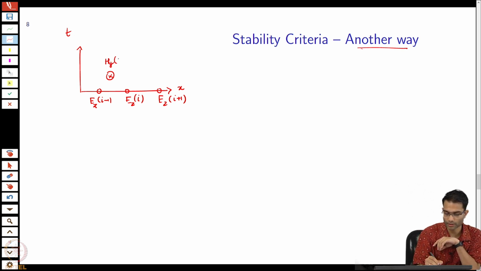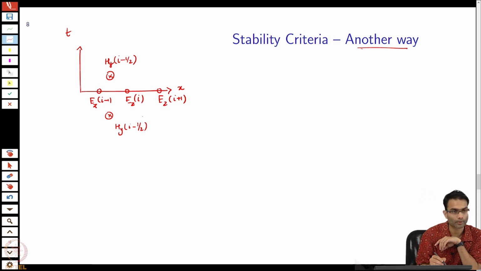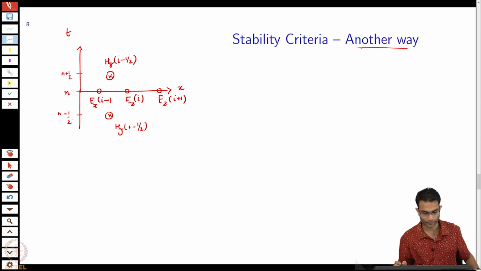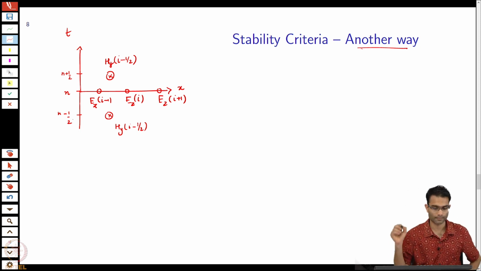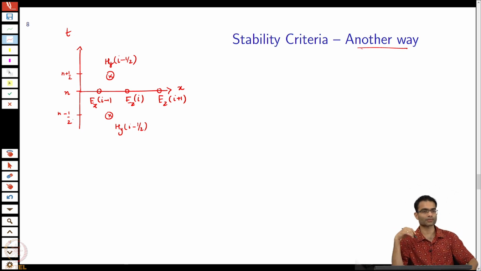So, Hy at I minus half, and correspondingly there will be a Hy at I minus half here also, okay. In terms of time instance, this is say n, this is n plus half, and this is n minus half, okay.